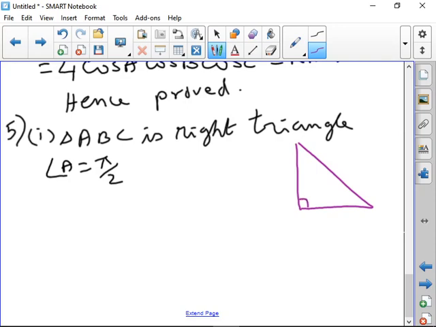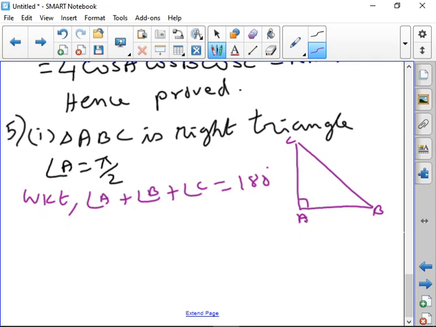So this is 90 degrees. Angle A is 90. So this is A, and we have to take it in the anti-clockwise direction. So this is B and this is C. Now A is 90, and we know that the sum of the angles in a triangle is 180 degrees. So we know that angle A plus angle B plus angle C is equal to 180 degrees.